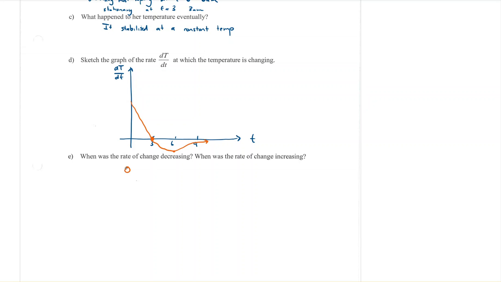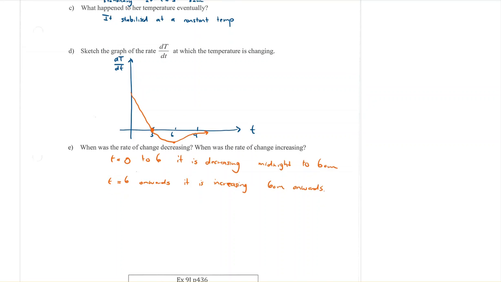So from time equals 0 to 6, it is decreasing, which in other words is midnight to 6 a.m. From t equals 6 onwards, it is increasing, which is 6 a.m. onwards. Okay? And we need to do 9J.